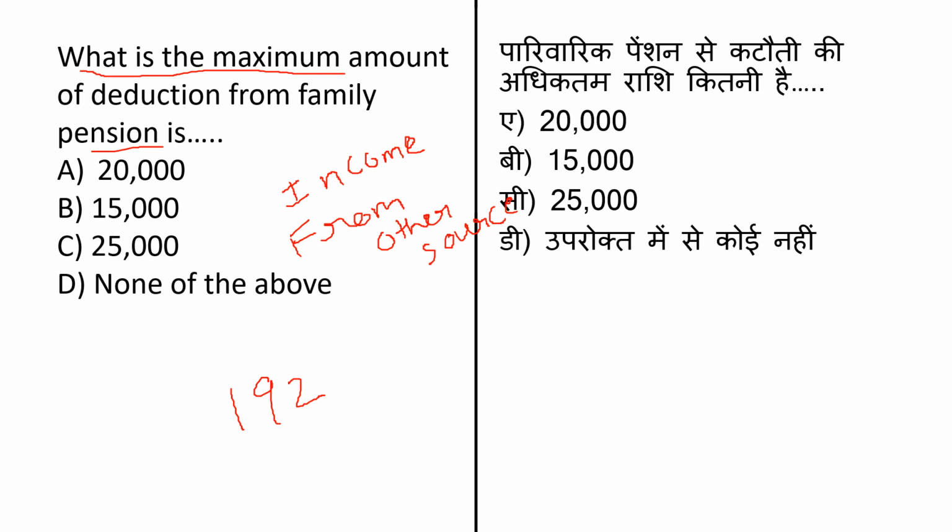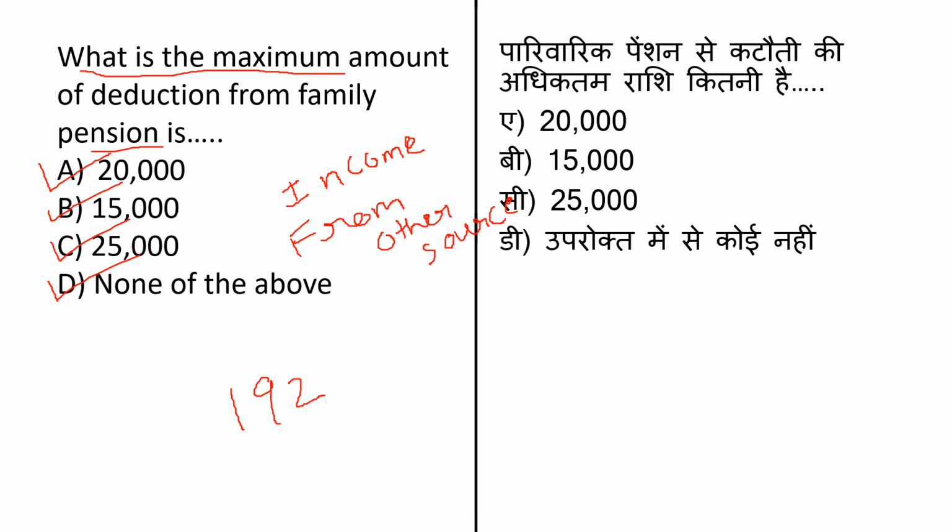Please remember the section, that is 192. The options given are: the first option is 20,000, the second option is 15,000, the third option is 25,000 and the last option is none of the above. As against this, one third of the family pension or 15,000, whichever is lower, is allowed as a deduction from the family pension.